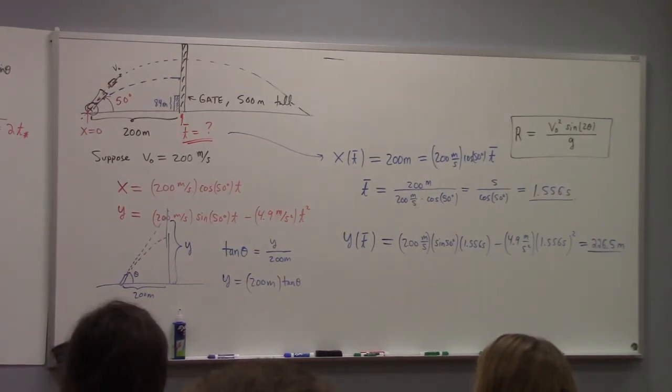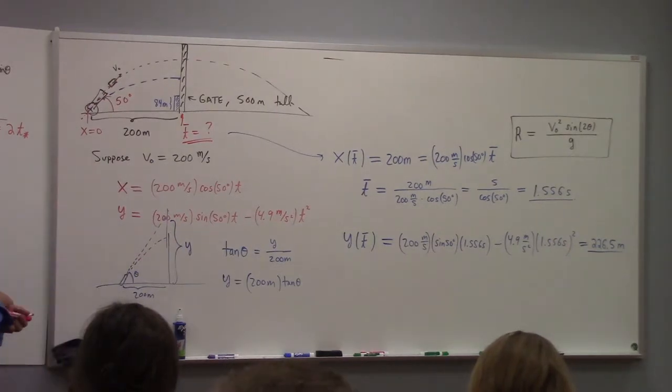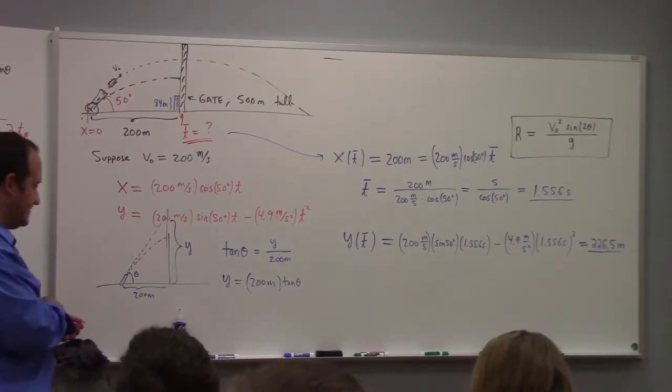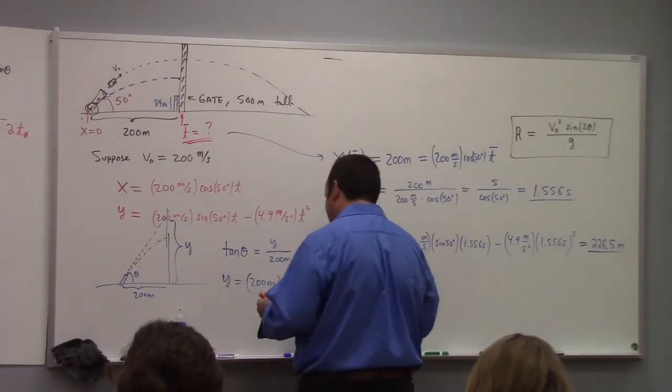So if we use 50 degrees, is there any hope? Is there any speed? Like 200 meters per second didn't work. If we made it 200,000 meters per second, would it help? Well, we could check the trigonometry really quick and just see if it's even possible. What's 200 meters times the tangent of 50? What's that? 238?